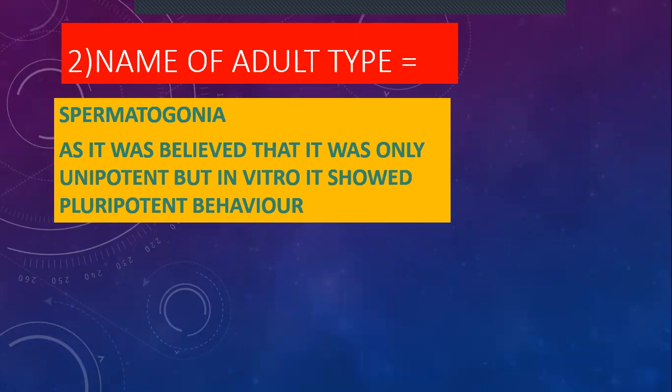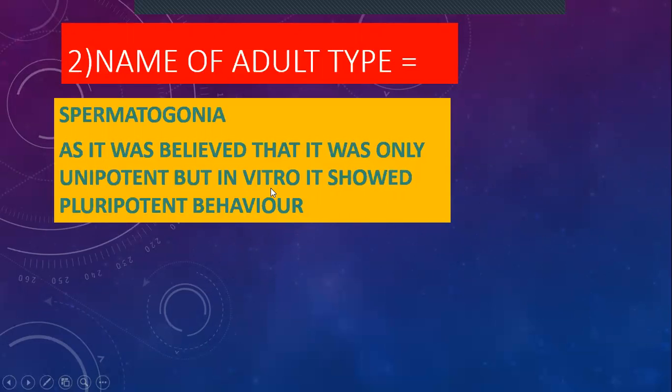What does this mean? The germ cells in the seminiferous tubules of the testicles, it was believed for a long time that they are unipotent. It means it gives rise to one type of tissue, which is the sperms. But actually, when they were isolated in vitro, the vitro word, it's T for the tube.